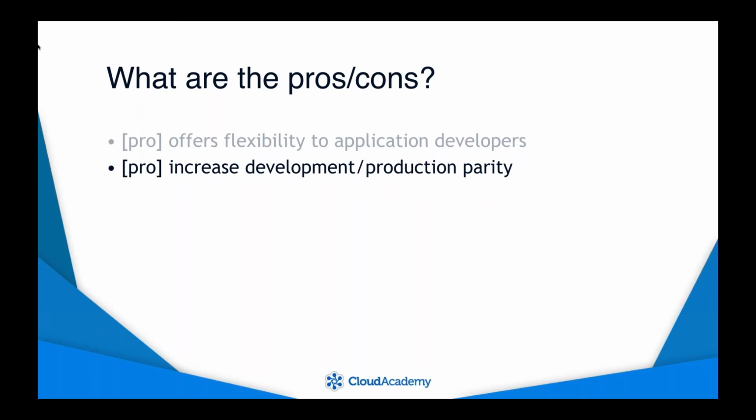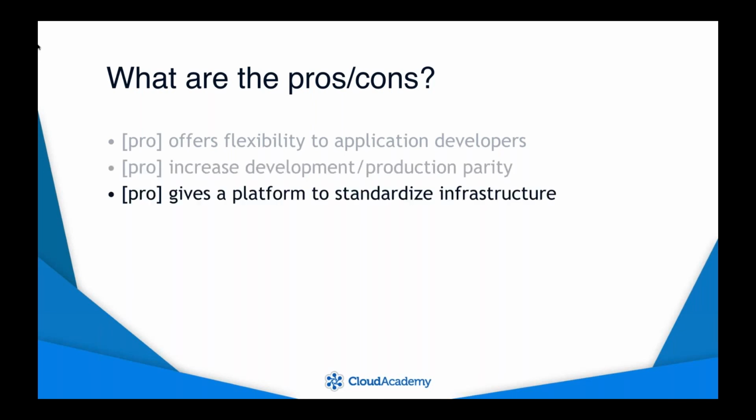Now, say for example, if you are developing locally with Docker and just running locally on your Docker host and then deploying to, say, Kubernetes, sure, you're using the same images, but the actual structure, the topology of those environments, is not necessarily the same. So regardless, you will be able to increase the parity between the development, production, and other non-production environments.